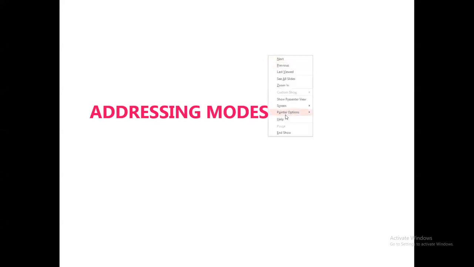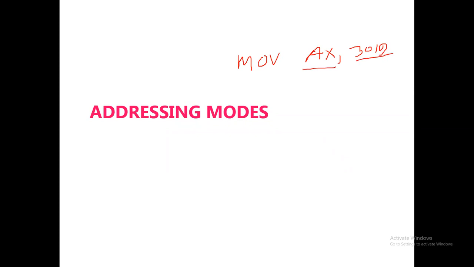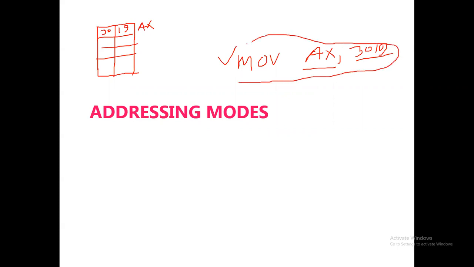Suppose MOV AX, 3019: this means the data 3019 is transferred to the AX register. You know our register structure. This is one instruction.